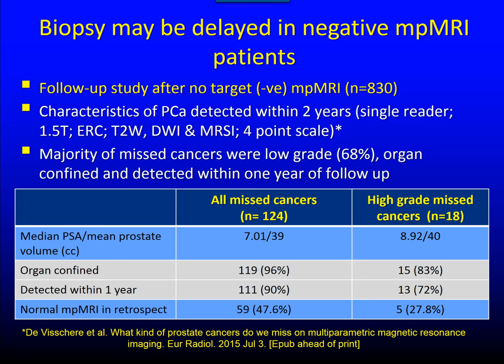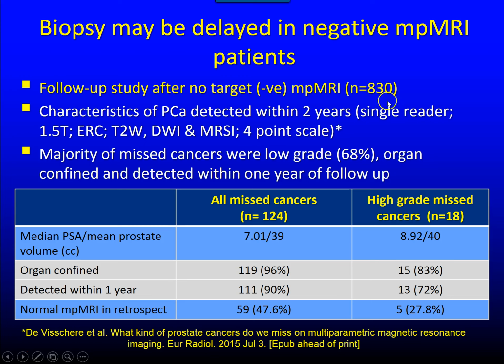So here's a study, the largest study to date, 830 patients with a negative MRI with no target, who underwent no biopsy procedures. There were high-risk cancers missed within this group. How many were there? There were 18.